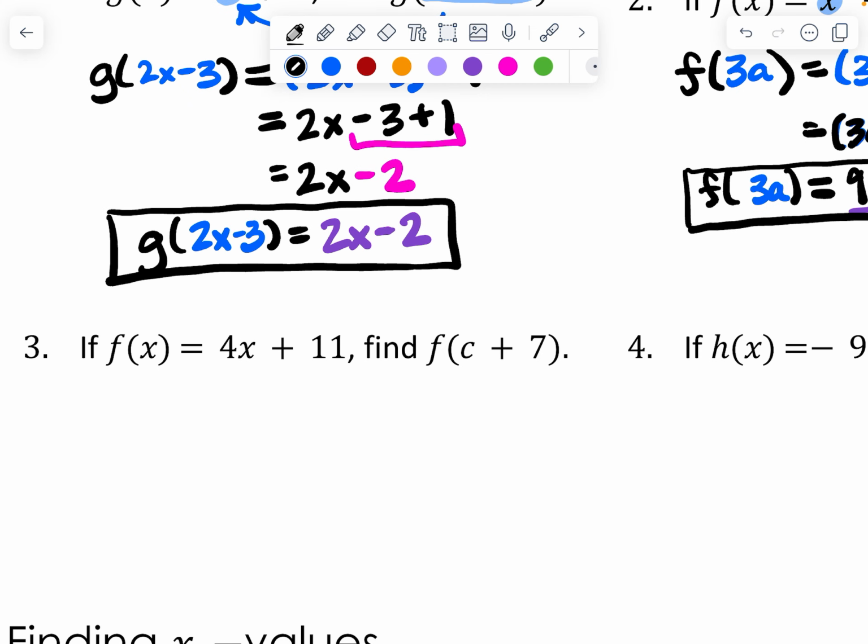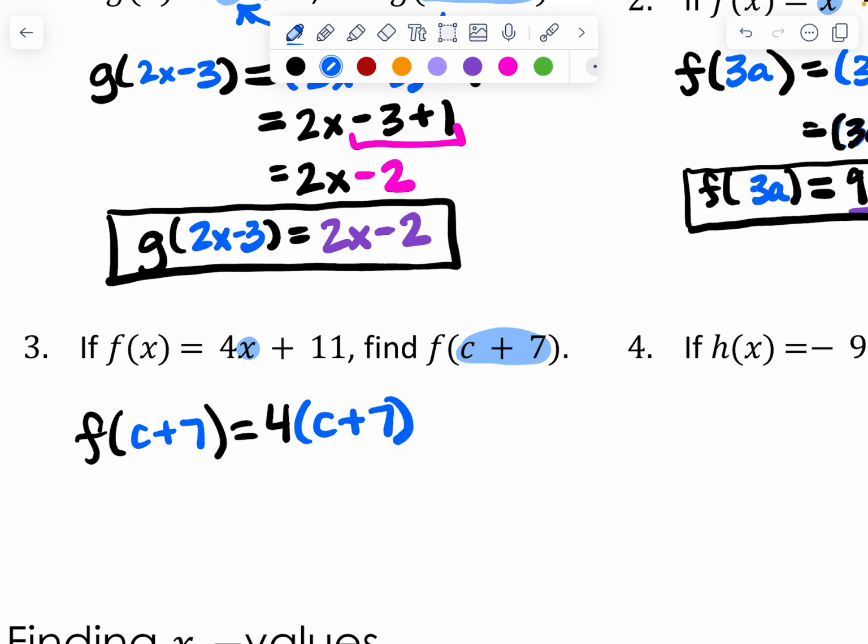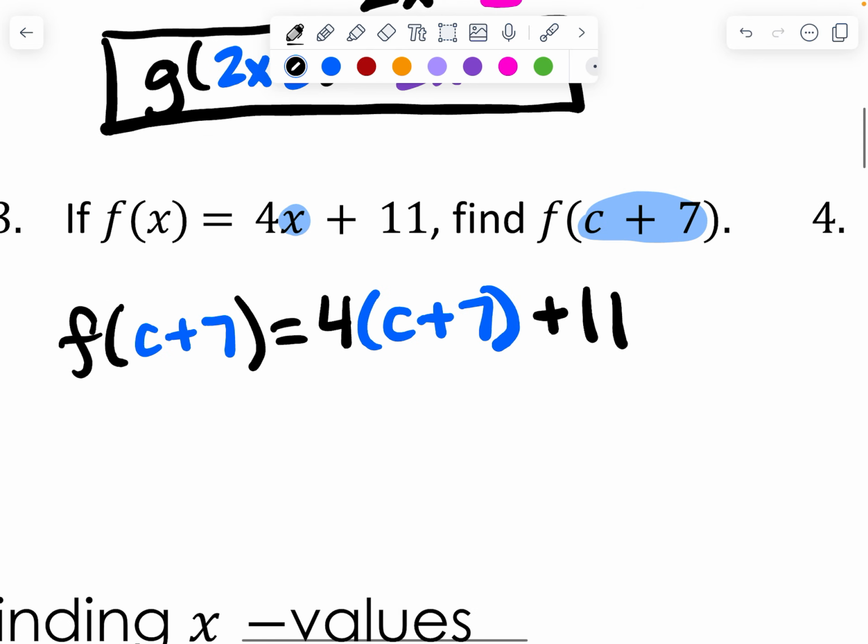Number 3, if f of x equals 4x plus 11, find f of c plus 7. So c plus 7 is my input, and we're putting it here in the function. F of c plus 7 equals 4 times c plus 7 plus 11. In this function, I'm going to have to distribute.